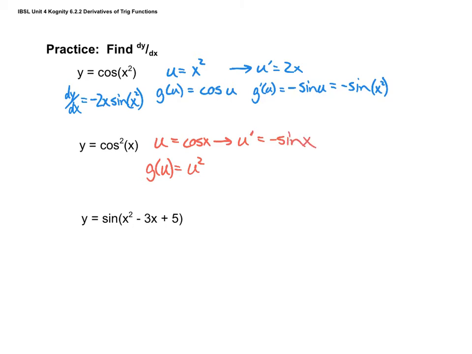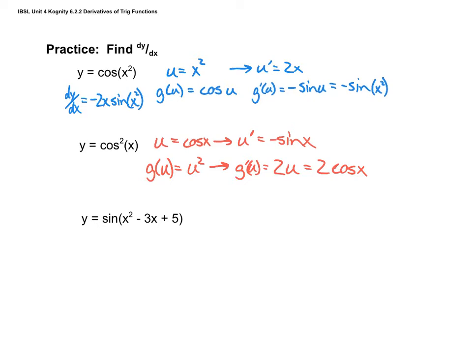So u prime is simply negative sine x. G prime of u: the derivative of something squared is 2 times that something. Well, what's the something? It's cosine. So this is 2 cosine x.